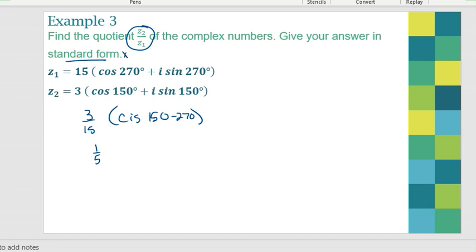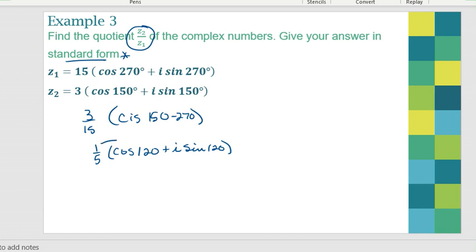And it just hit me. This says standard form. When it says standard form, since I've got to do this anyway, cosine, do 150 minus 270 should be negative 120, and it is. Cosine 120 plus i sine 120.